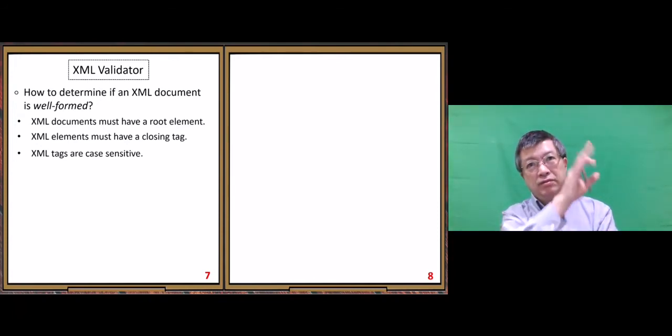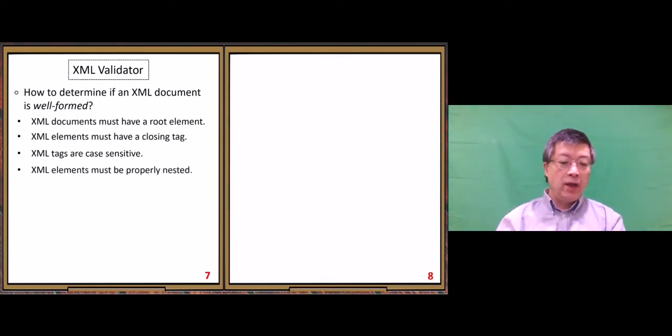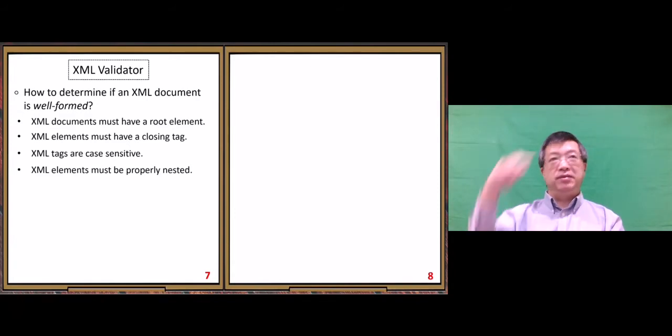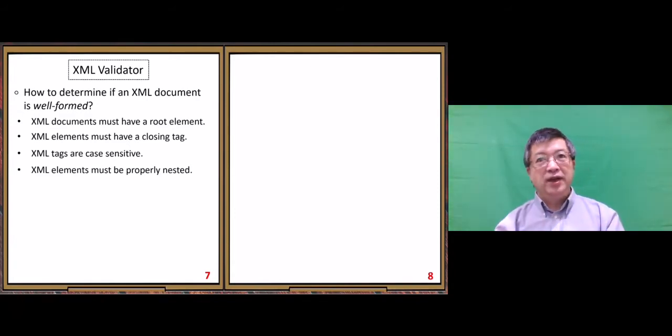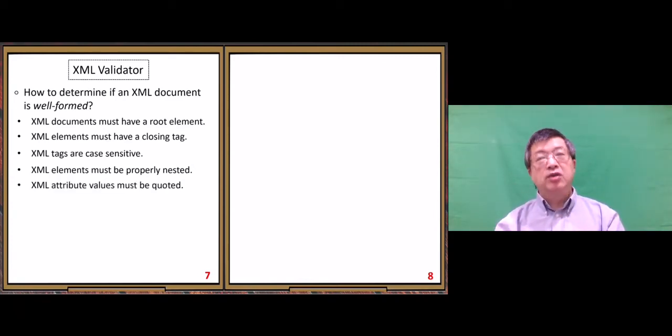That's the part the validator will check, the case sensitive rule. XML elements must be properly nested. So the nesting structure will also be checked. And XML attribute values must be quoted.